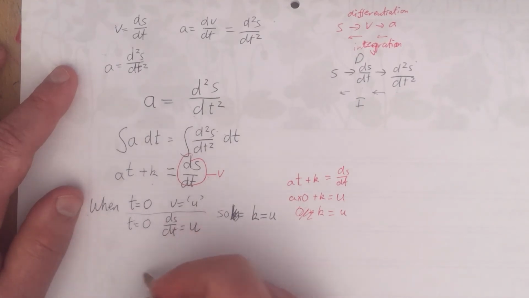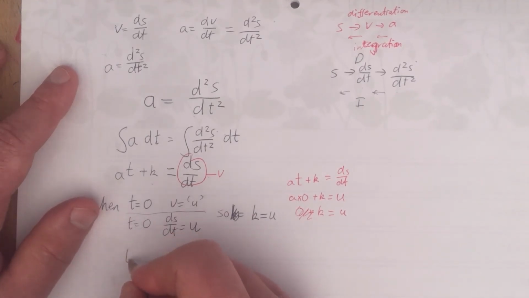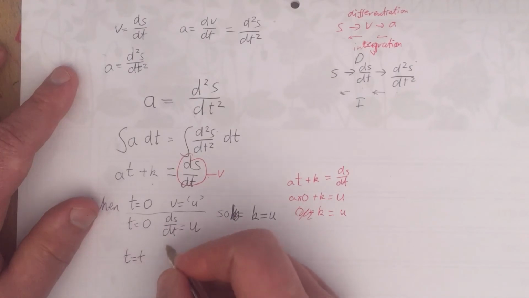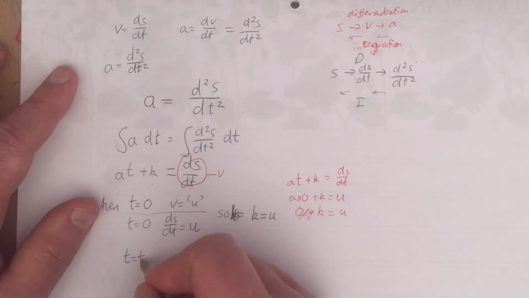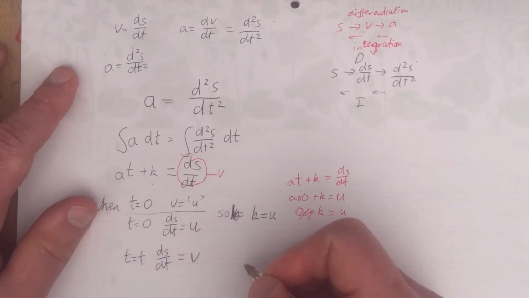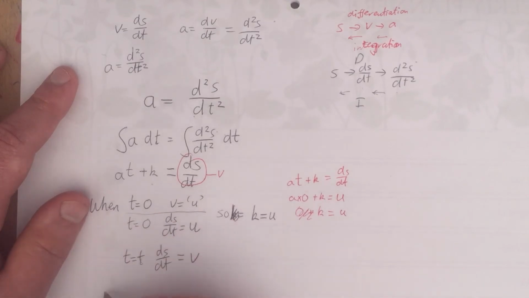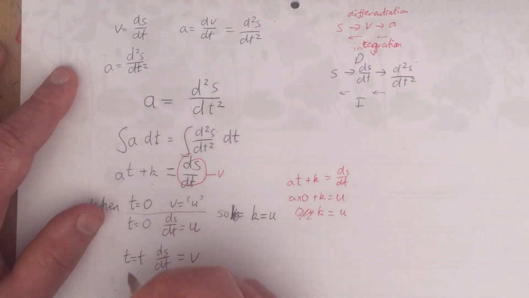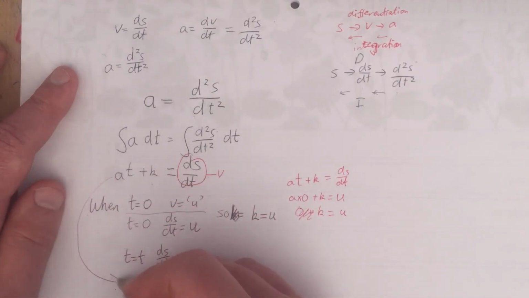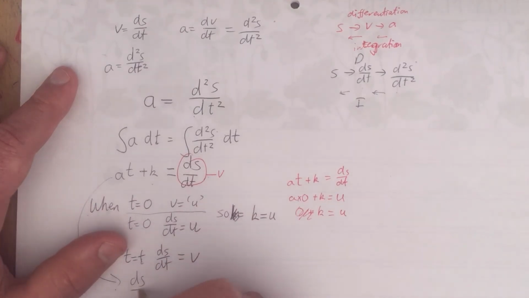At any other time, which could be later on, our final speed, or our speed at that time, is going to be v. Now I will give you a set of notes that has this in it as well, but it's worth looking at here. So if we've got this equation at the top, I'm going to put it down here: ds by dt equals at plus a constant.